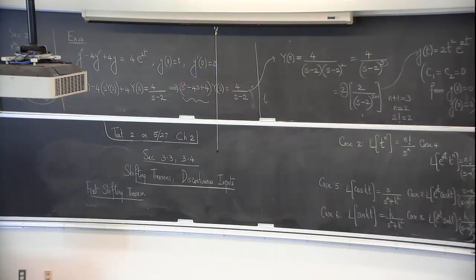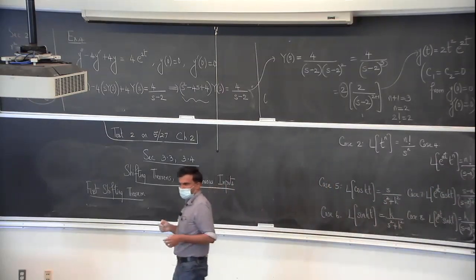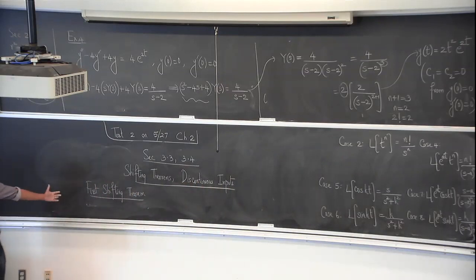If you just look at these Laplace transforms pairwise, what do you observe happened from case 2 to case 4, case 5 to 7, and 6 to 8, other than the fact that the case numbers are shifted by 2? So anything else that you're observing here? If you observe that, the first shifting theorem is taken care of.